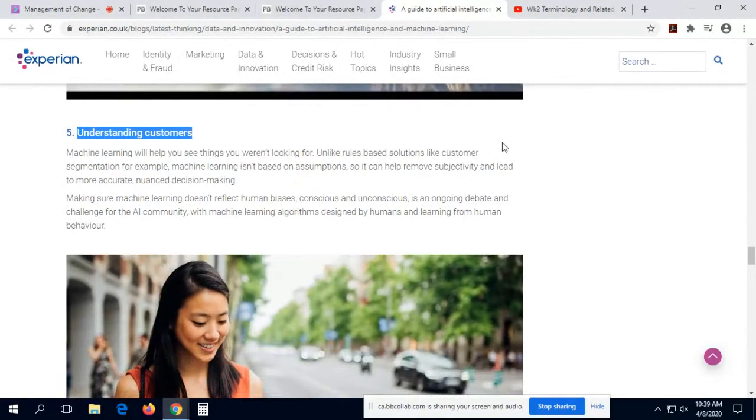So, understanding the consumer: be it AI or no AI, in any business setting, you need to understand the customer and satisfy them. But customers don't really understand themselves. This is the problem. Just like you and me, we don't really understand who we are.